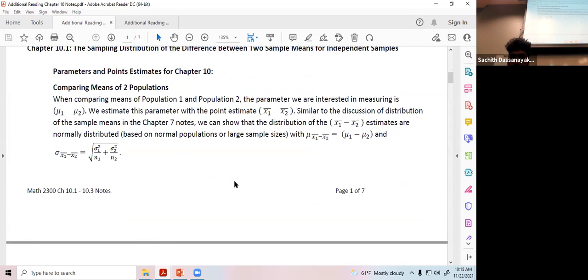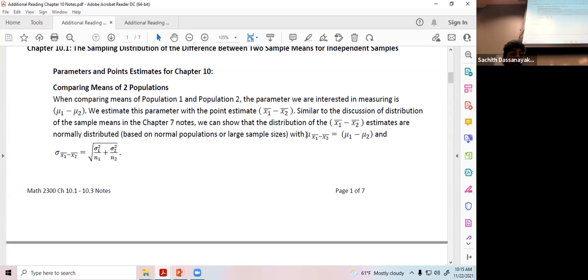So actually this is not x1 minus x2. This is about the distribution of x1 bar minus x2 bar. This is about means of the distribution means, so that's why we have x bars. If we have two normal populations, we can find the distribution of x1 bar minus x2 bar.